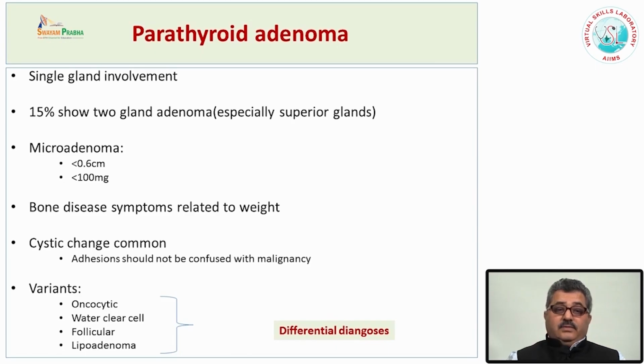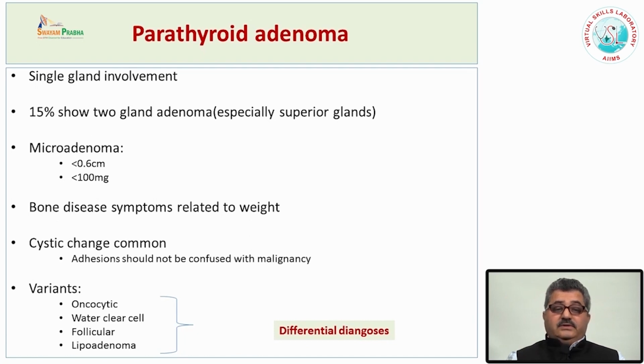Cystic change in the adenomas is very important, and many times there are adhesions because of the cystic change. Therefore, in some adenomas, while doing surgery, the surgeon may feel that because of the adhesion it is infiltrative, and wrongly suspect it as carcinoma.